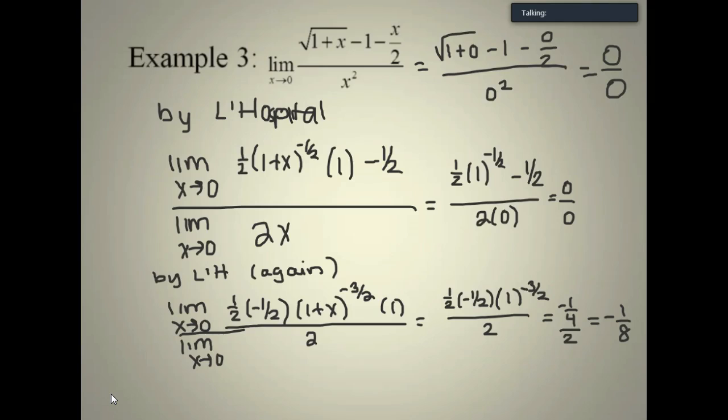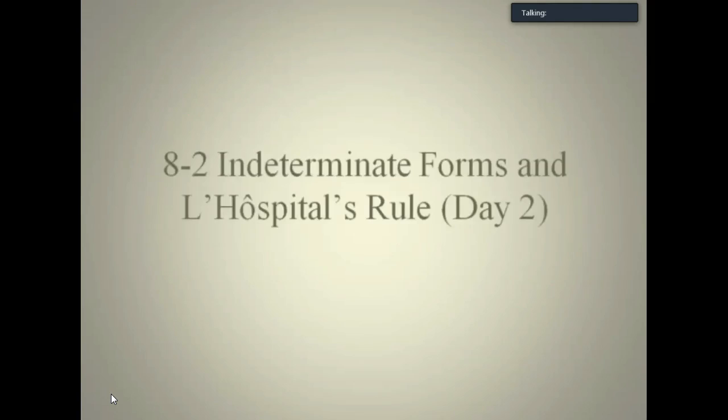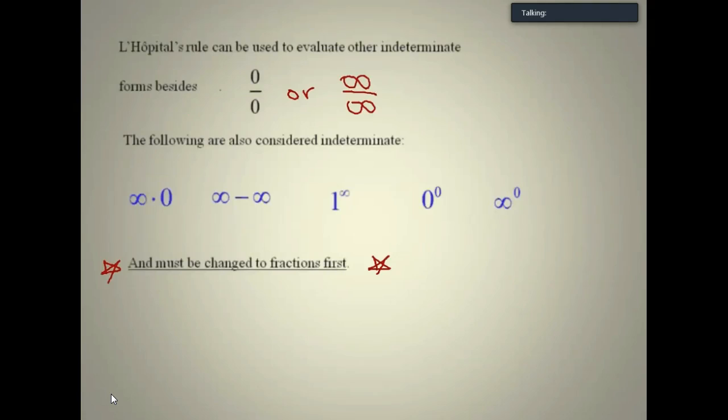All right, so finishing through our examples, there is a slightly different or varying form of the indeterminate. The indeterminate form can also appear as infinity over infinity.